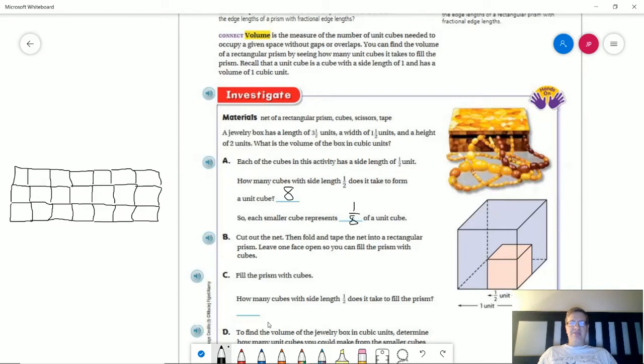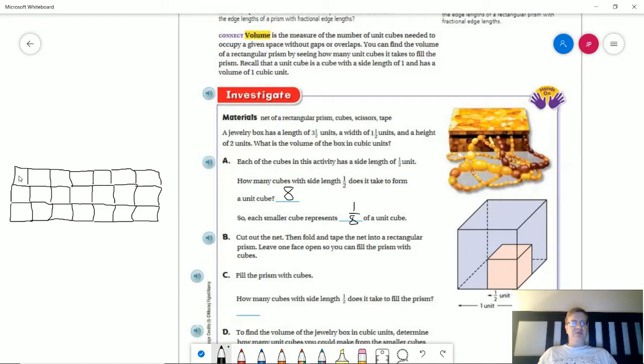As we go through this, I'm making each of these boxes a half cube. So 3.5 units this way will give me 7, and 1.5 would give me 3.